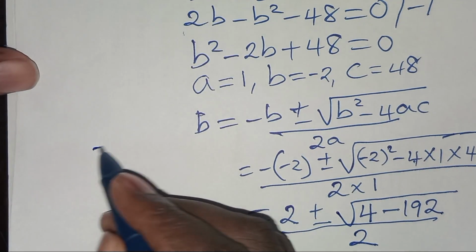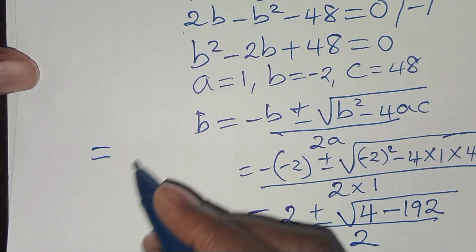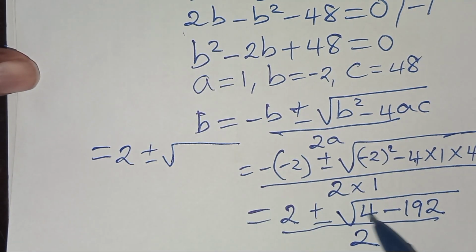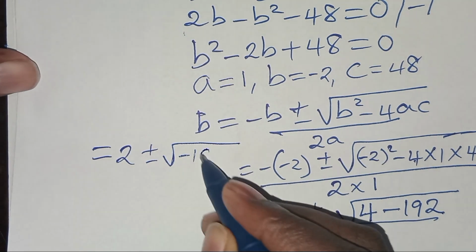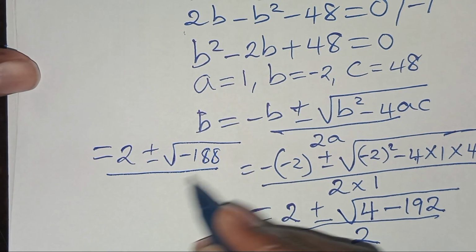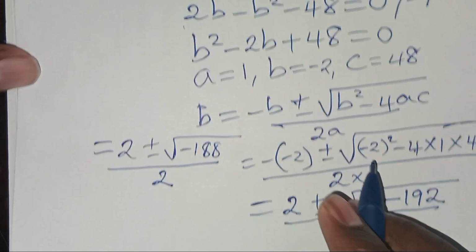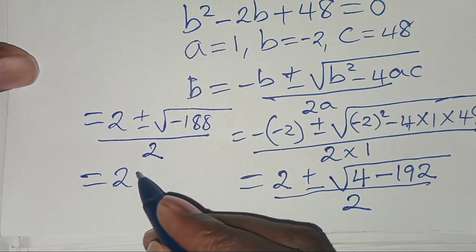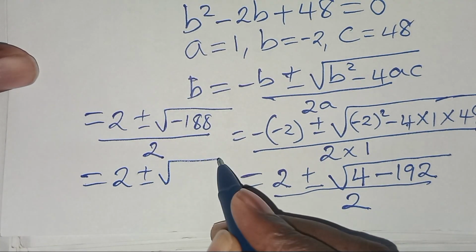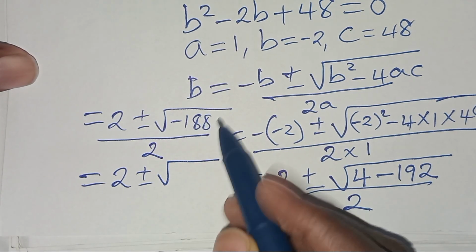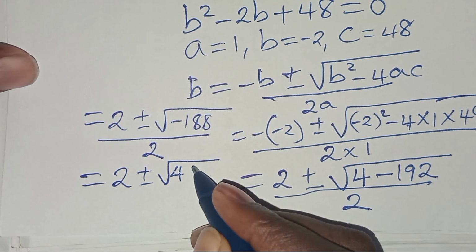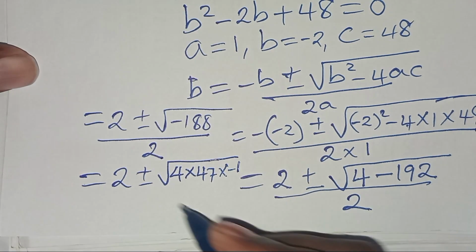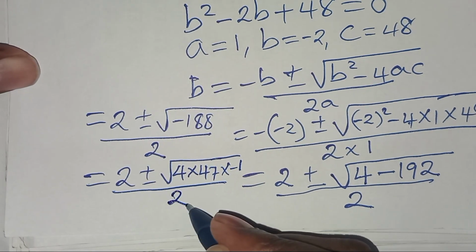So now from what we have here, this is the same thing as 2 plus or minus the square root of 4 minus 192, this is negative 188, divided by 2. Okay, so this is the same thing as 2 plus or minus, we can express negative 188 as basically 4 times 47 times negative 1 divided by 2.